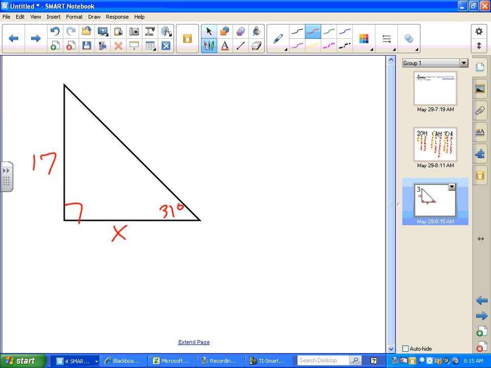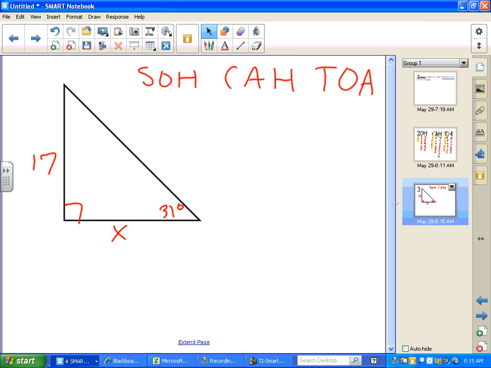So the question is going to be, find the value of X, which is the side length of the triangle. I'm going to write SOH CAH TOA up on the smartboard. We know that this is 31 degrees. We could find this other angle, but we don't have to. We need to find what X is, okay?